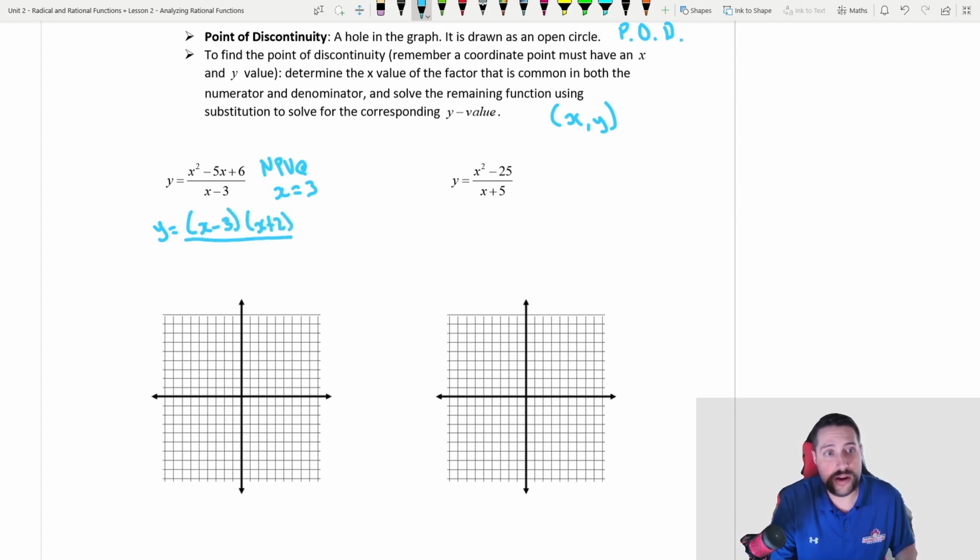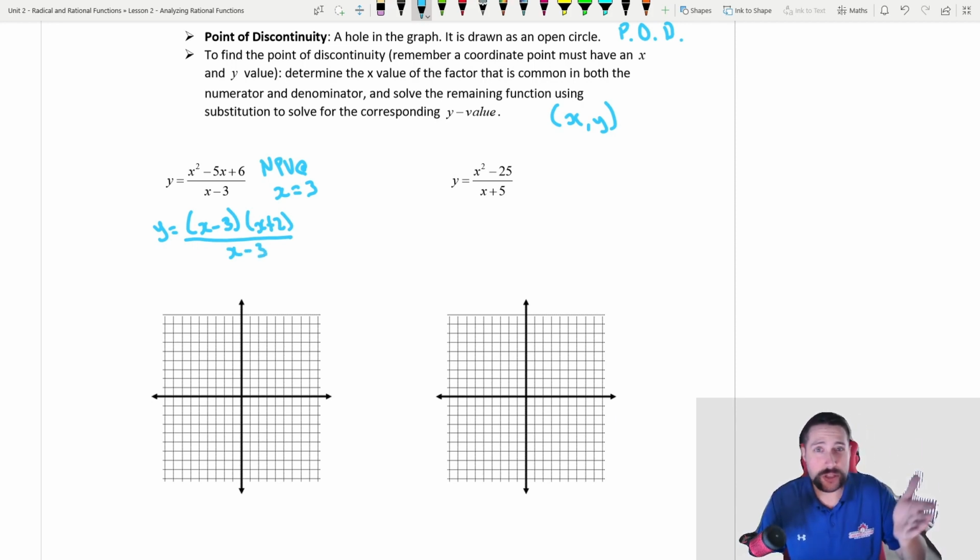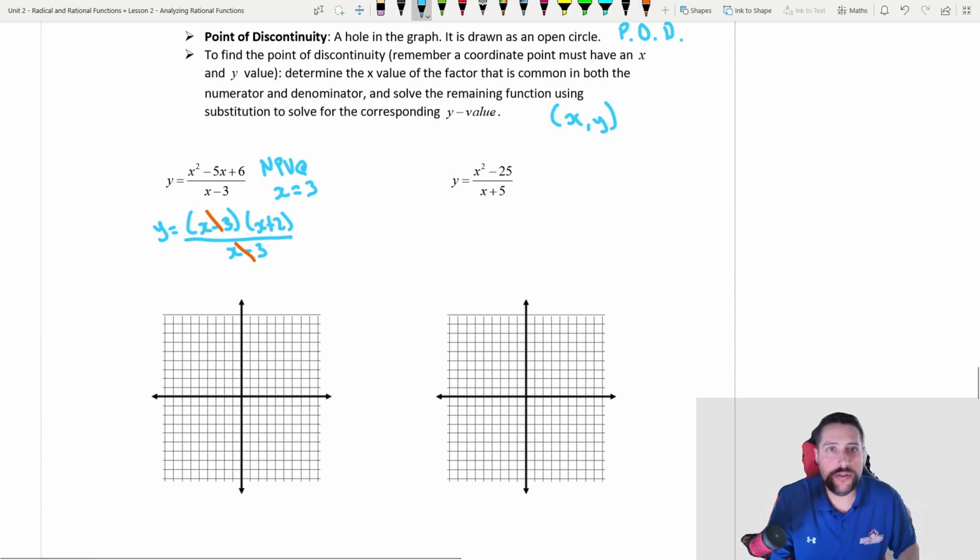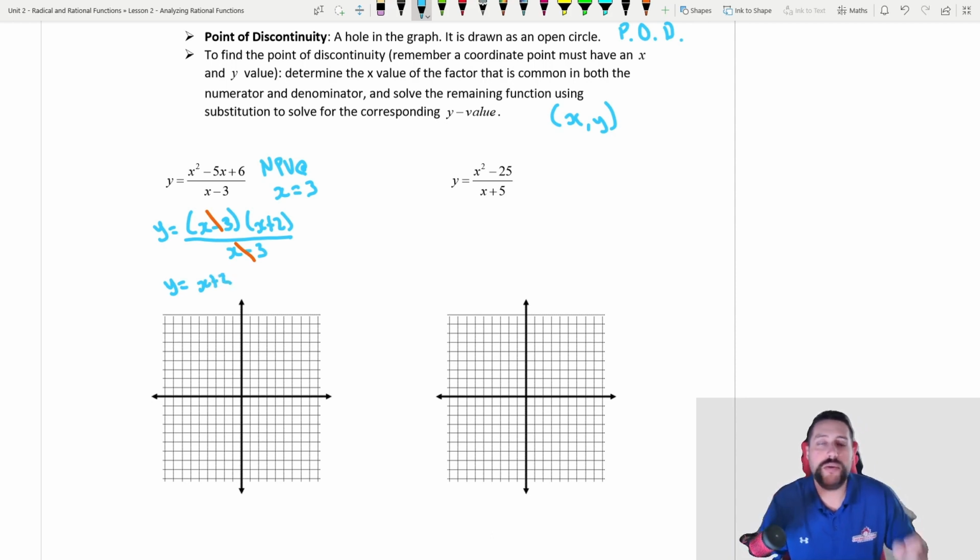And this is being divided by x minus 3. So from this we can see that the x minus 3's will cancel. Now because the x minus 3's cancel, we are going to use this new form, y is equal to x plus 2, as a way to determine what the point of discontinuity is.